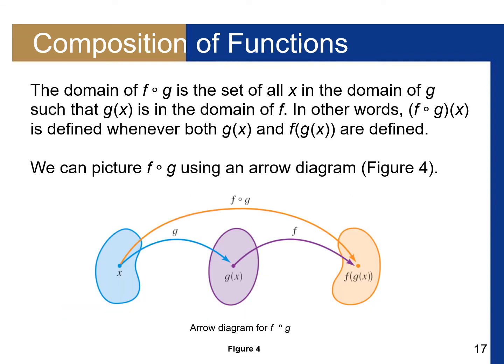Okay, and another representation of what we're doing here is we're taking the domain of one function, we're putting it into that function, then we take the value of that function, and we put it into this function.